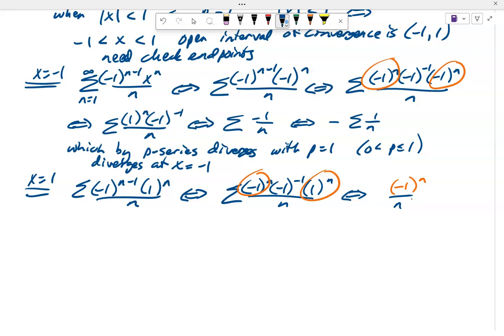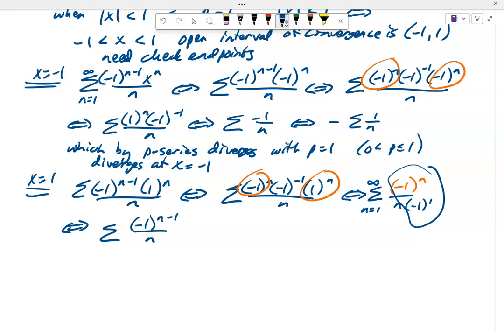That -1 to the -1 will go down and become -1 to the 1. So we've got -1, that'll be -1 to the n minus 1. And so we've got the alternating series test on this.